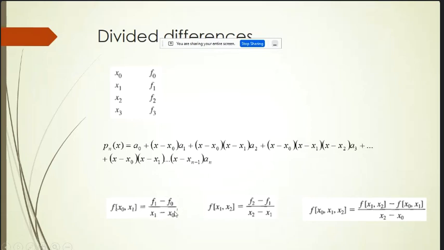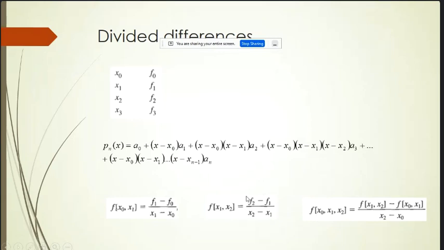This is the divided difference between f and x. The first 2 points were x0 and x1. The next 2 points, x1 and x2, are in the second division.